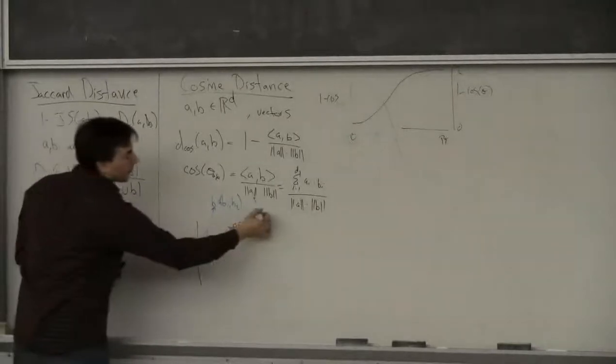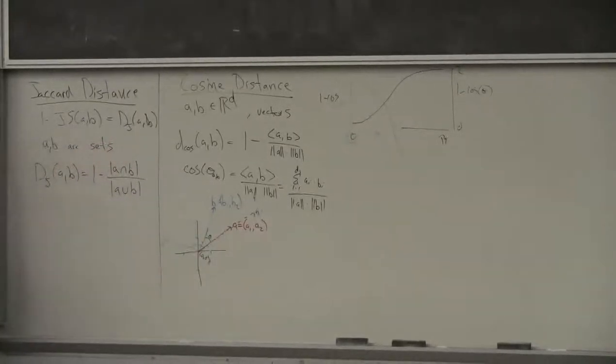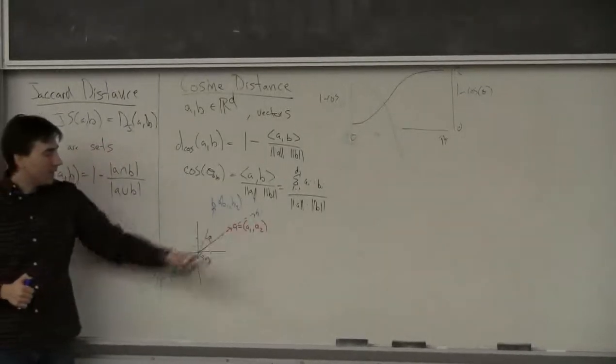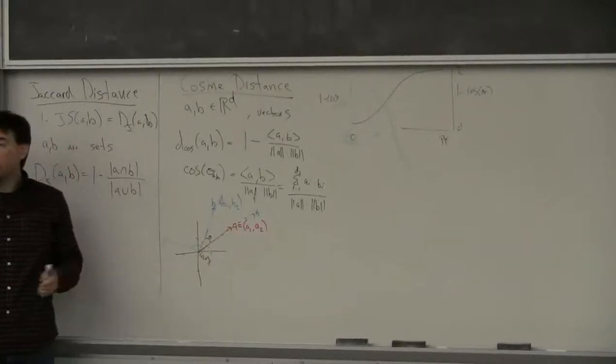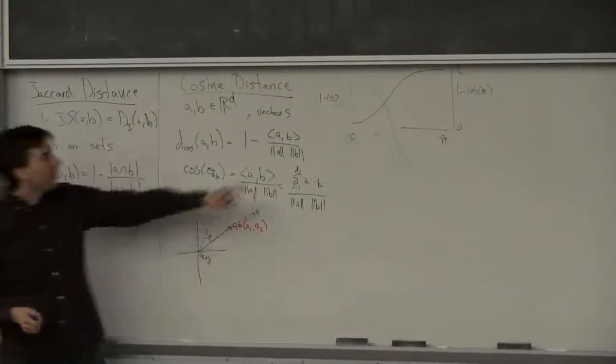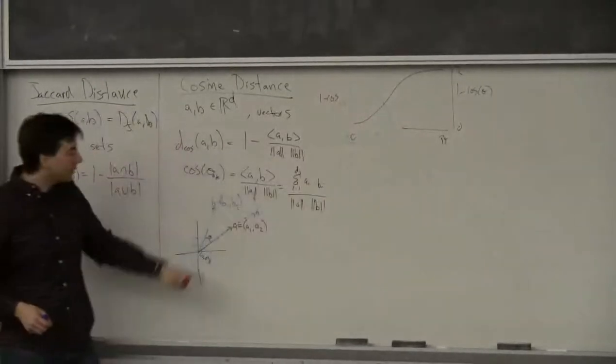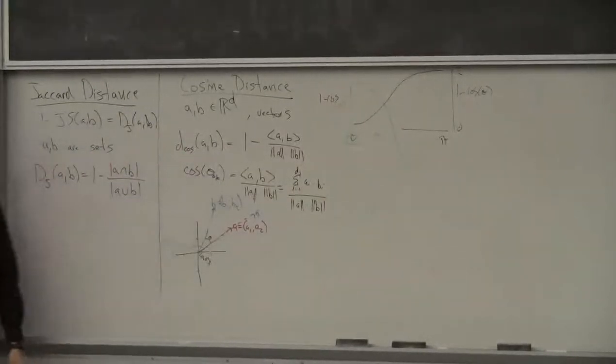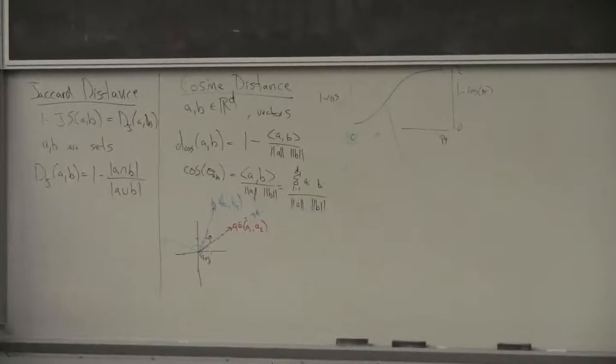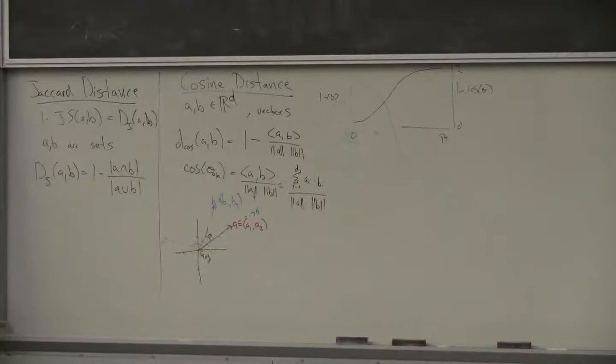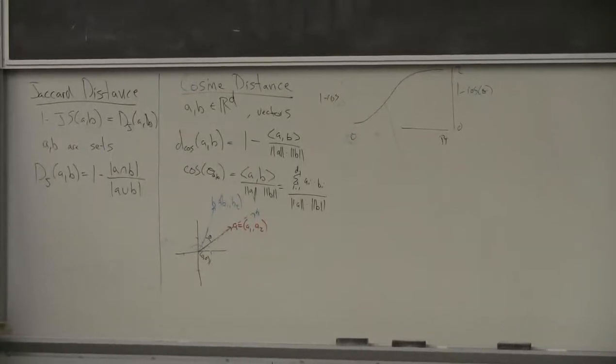So this is B prime. Now the angle between A and B prime is going to be 0, so the cosine will be 1 and 1 minus 1 is 0. The distance will be 0, but A and B prime are not the same. They're different inputs, but they give a distance of 0. So it violates property M2.